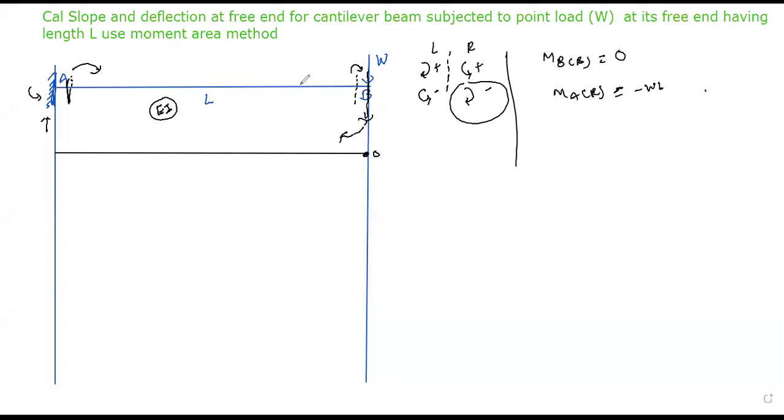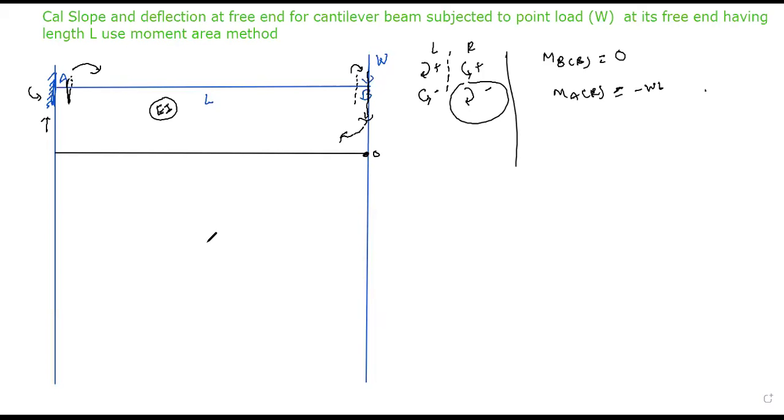So now what is the nature of the bending moment diagram between A to B? Can anyone tell me what is the nature or shape of the bending moment diagram between A to B? Your answer is right, triangle, but it's not an exact answer.